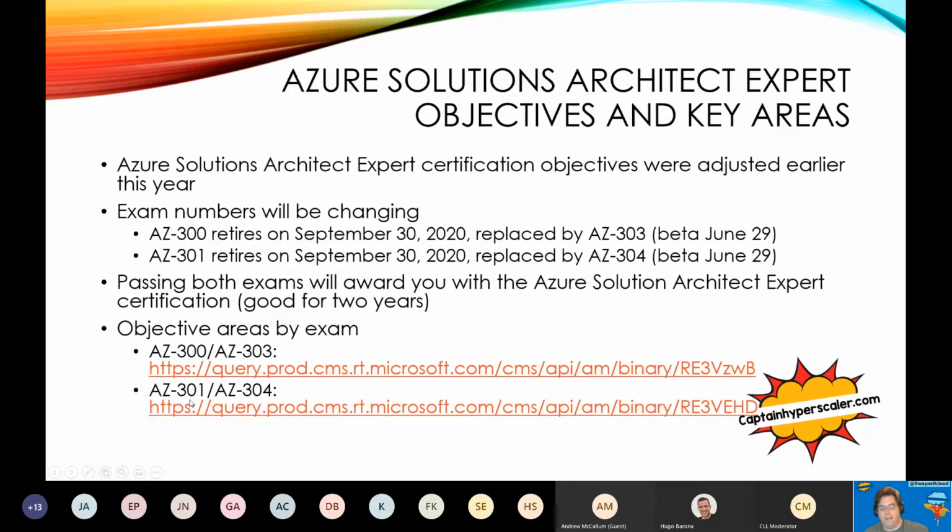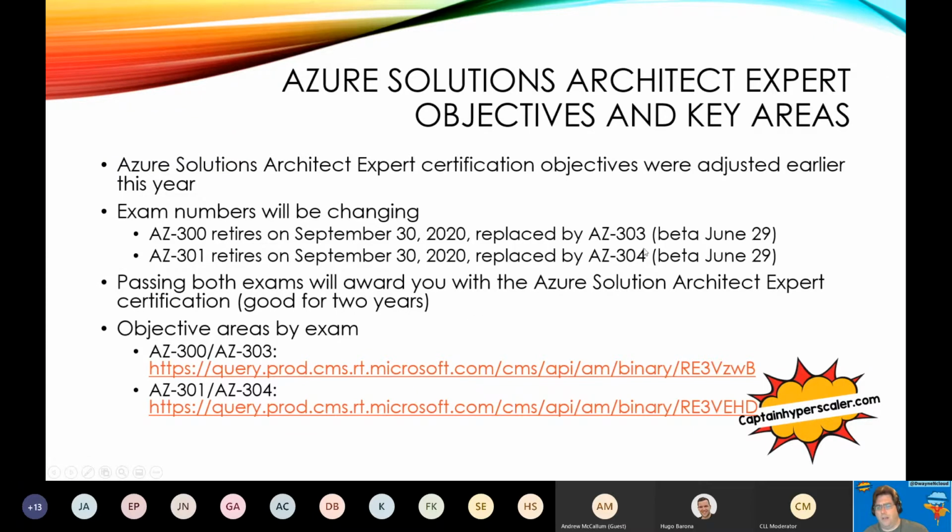If you want to have your results right away, those are the ones to focus on here until around September 30th, when the 303 and 304 probably would go live. Actually, they might go live maybe later this month or in August as well, and probably have some time where both exams are in general availability.